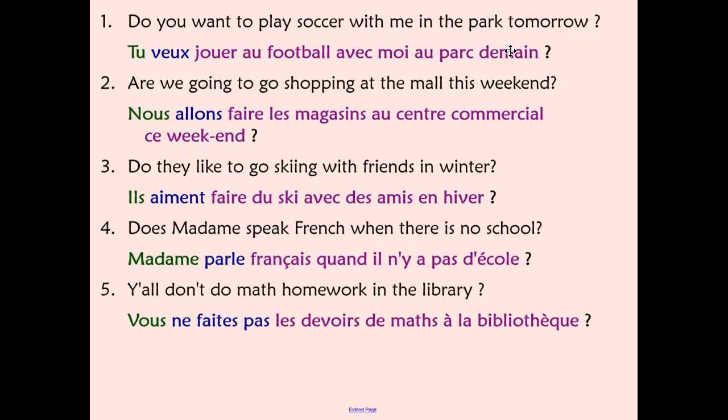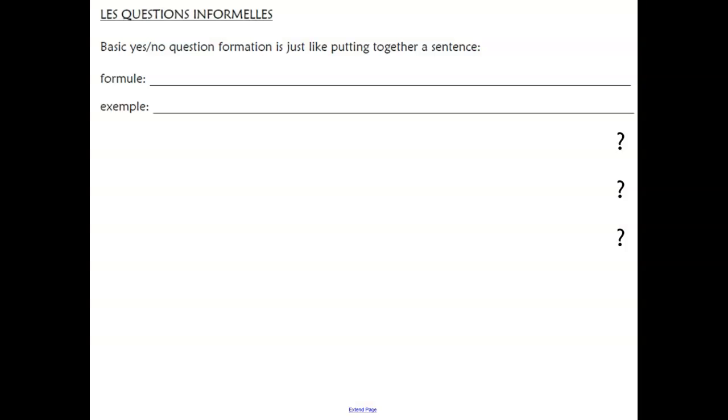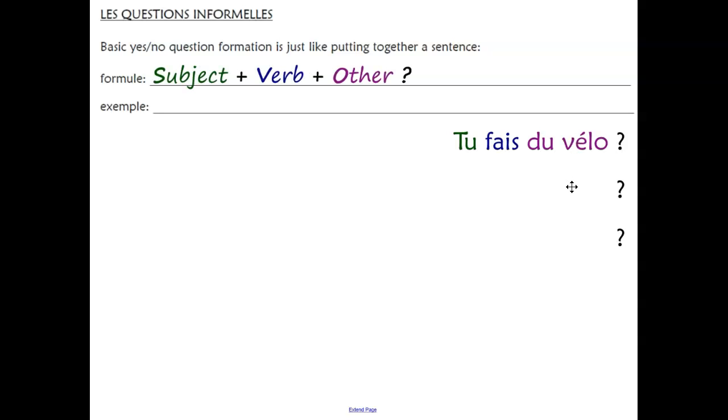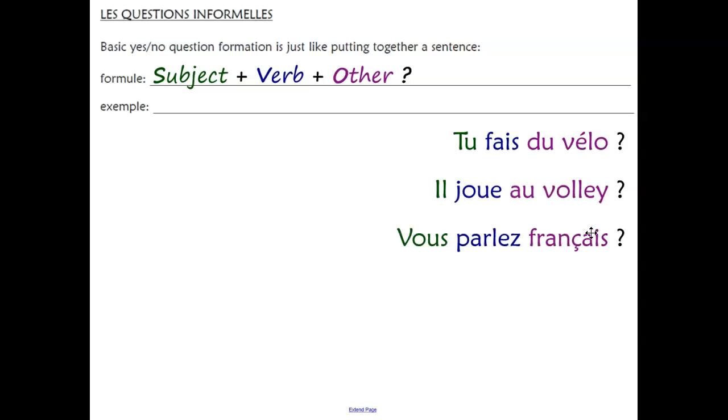Not that every question you're going to compose will look like this and be this complex, but I just want to show you it's something that you are absolutely capable of. Okay, so starting today with yes/no questions, basically you can put together a question the exact same way as you can a sentence, subject, verb, other information. Just stick a question mark at the end and make sure that your voice goes up when you're asking it.